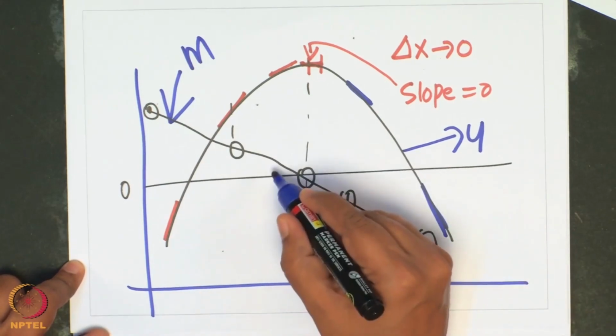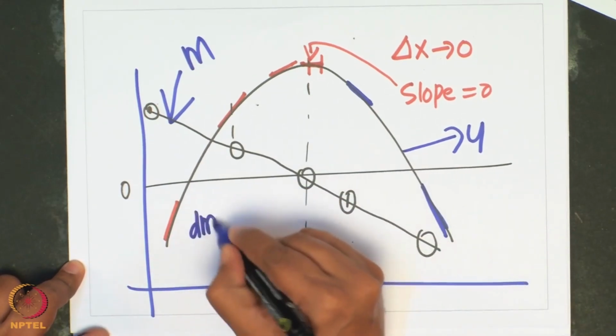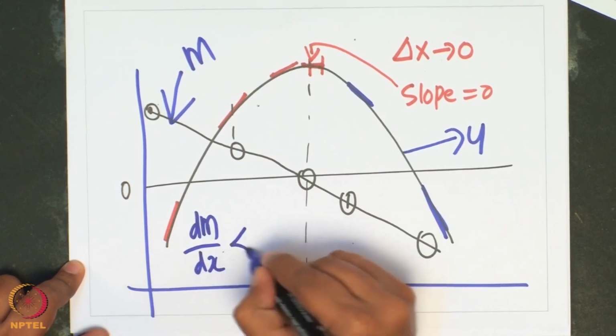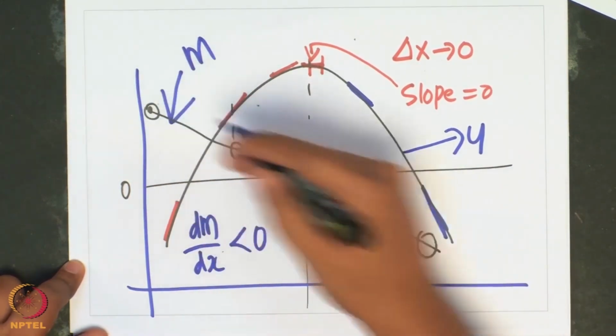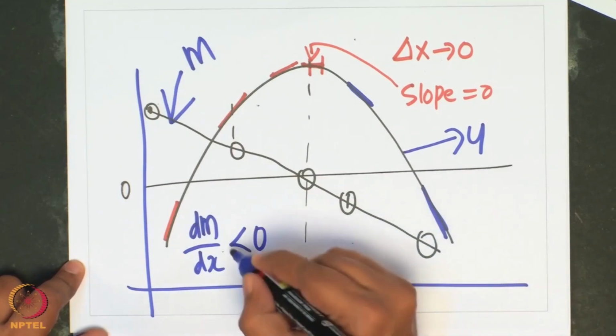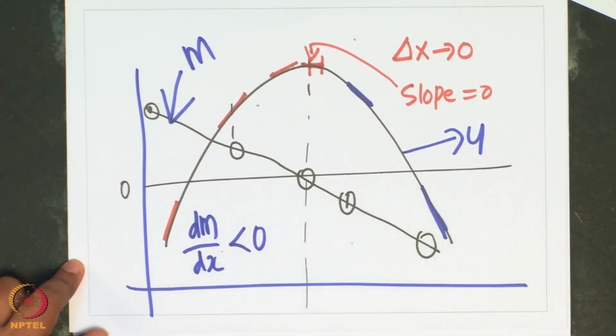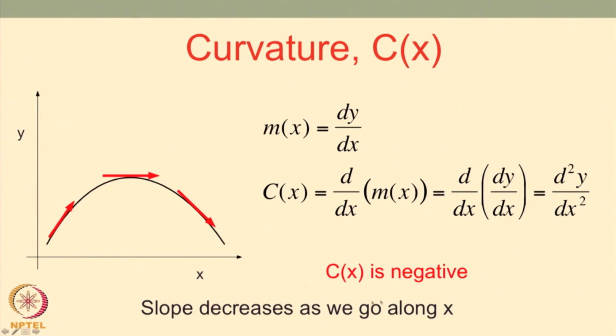This dm by dx is negative. You would see that dm by dx is negative. So that means the curvature is negative. So the c of x, the curvature, is negative.